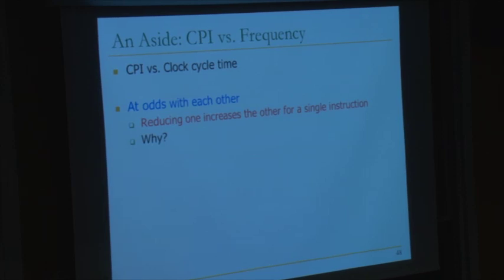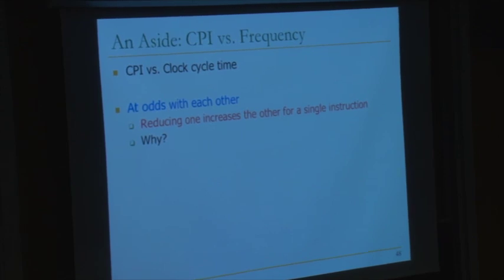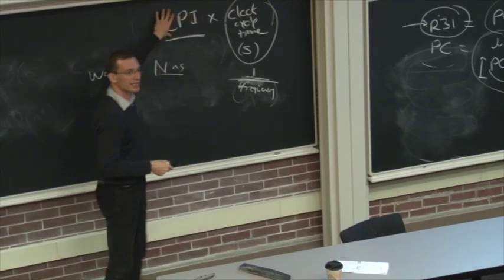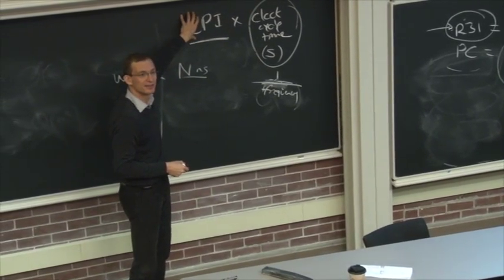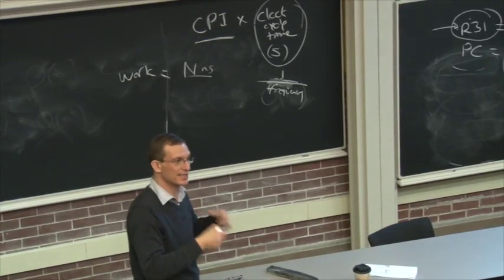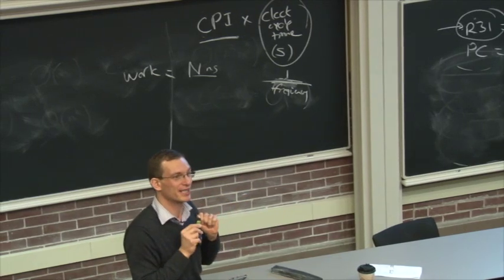The reason is basically there's some amount of work that you need to do to finish an instruction. Let's say that work is n nanoseconds or so. Basically what you're doing is dividing this amount of work across multiple cycles, right? Which means that if you reduce your clock cycle time, you'll take more cycles to execute the instruction, right? So that's why CPI and clock cycle time are usually at odds with each other. And you'll see there are other reasons for this also in pipeline microarchitectures.